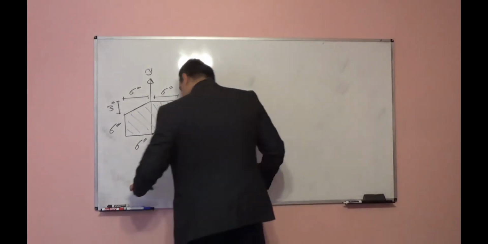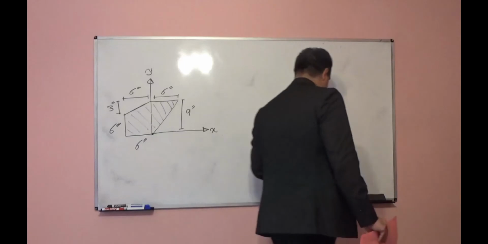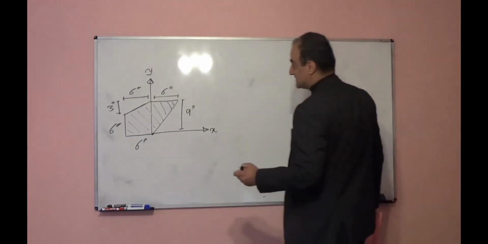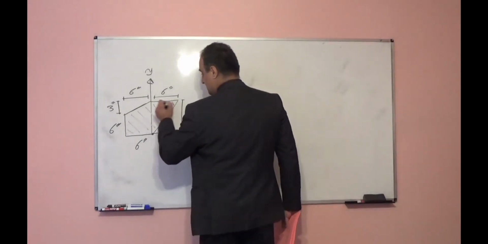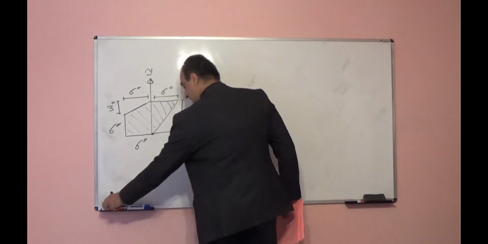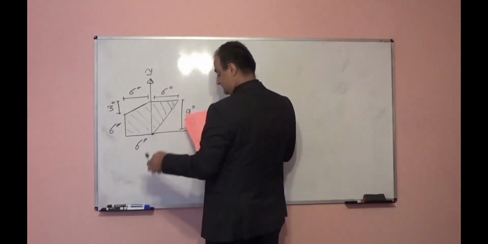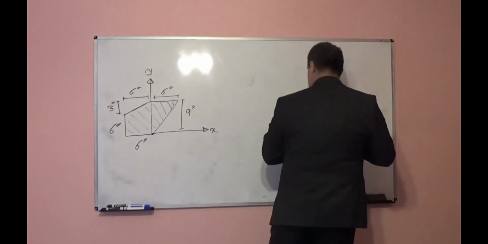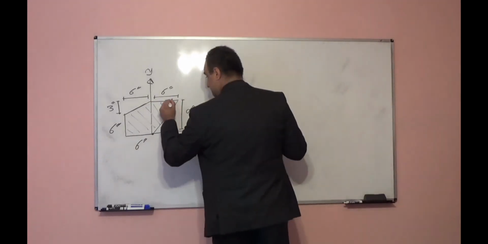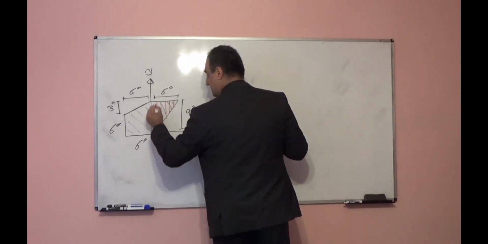First step, I will divide to different shape which I know the centroid. For example, triangle number 1. I show with this. This is triangle number 1, the red one.